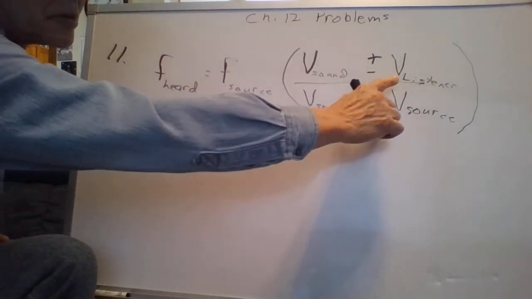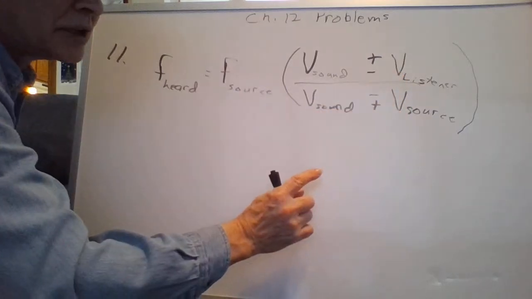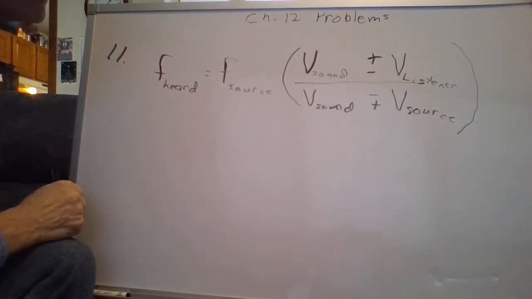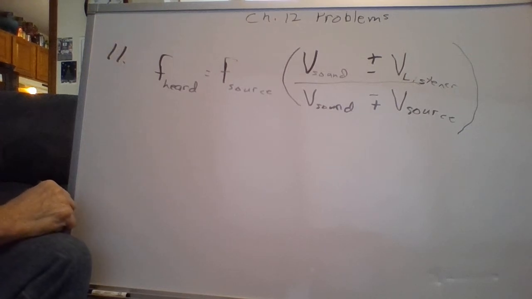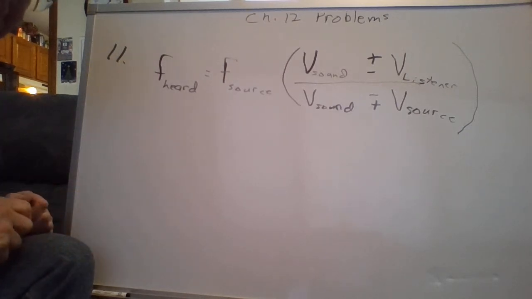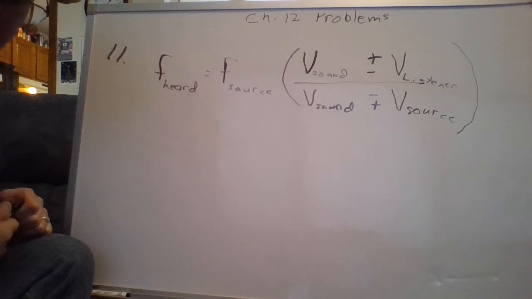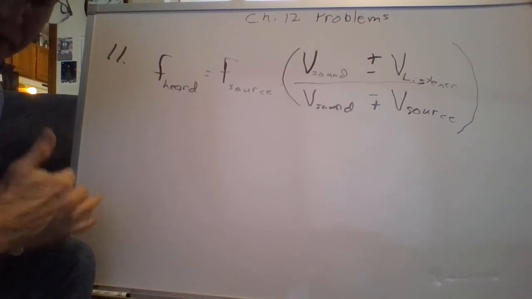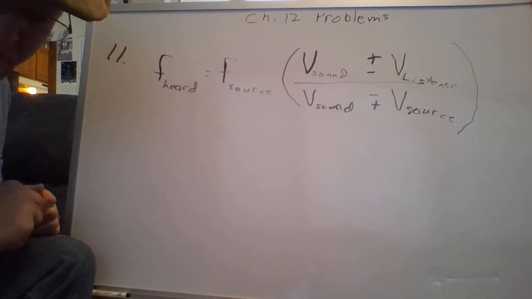Now, the state patrolman could also be moving. He would be the listener. Both of those velocities would be important then in determining this effect. But for our problem, we actually just want to know what the frequency change would be. What frequency is heard?